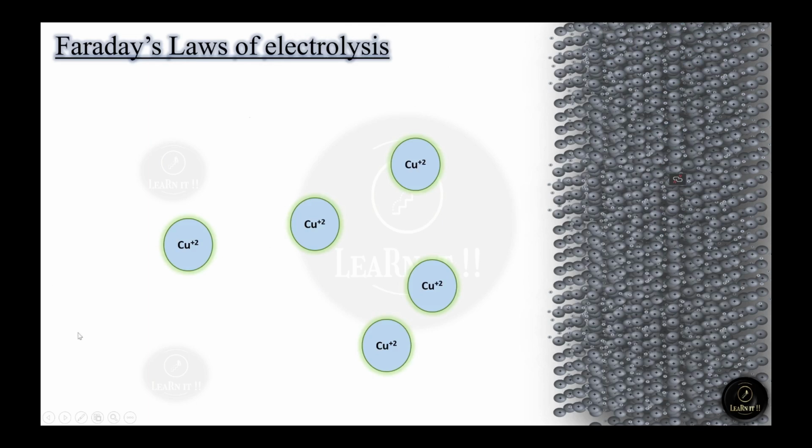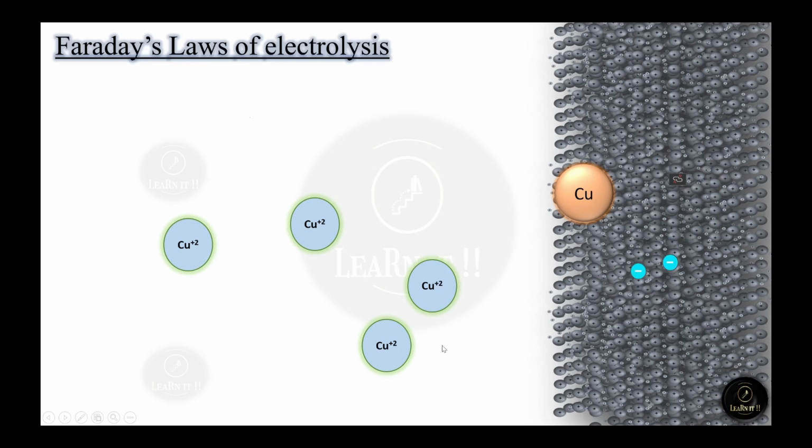So if the electrolyte is containing a cation which is having the charge +2, for example Cu+2, when we provide 2 electrons, then one Cu+2 ion gets attracted and becomes Cu metal or atom and deposits on the electrode.